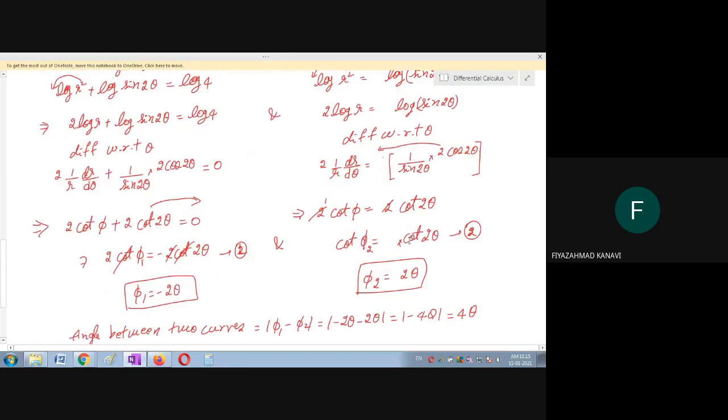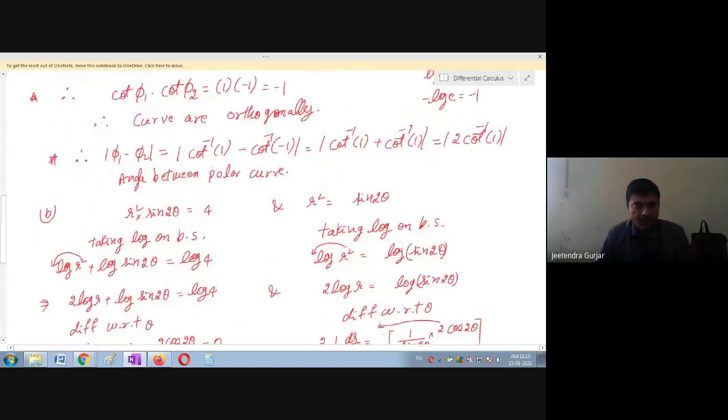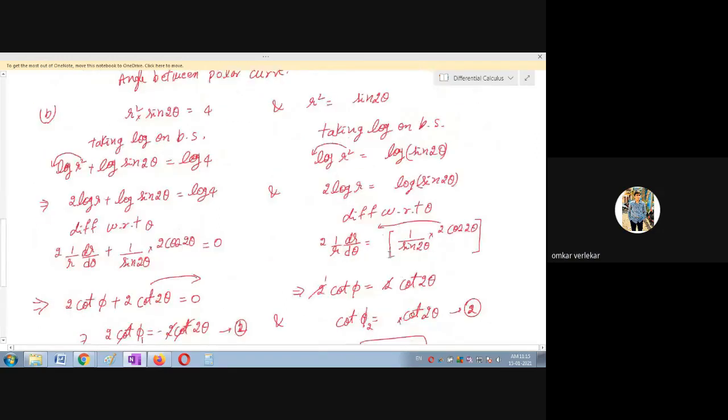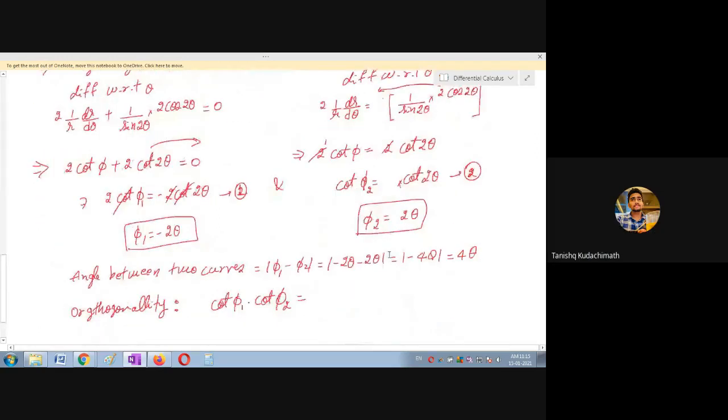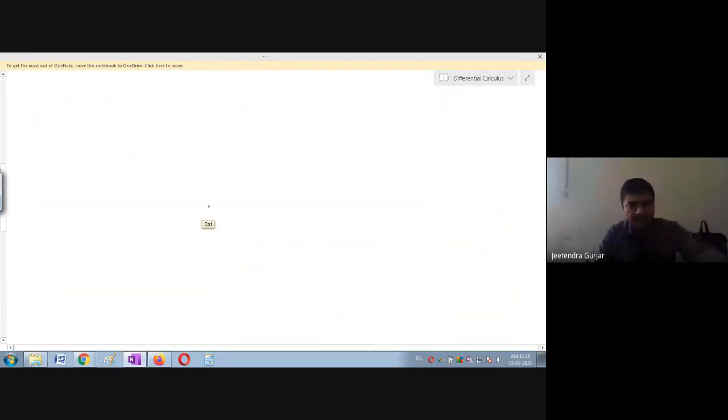No, 16 is cancelled. 16 must be cancelled, otherwise you will not get the answer. The question was wrong. Yes, r square is equal to sine 2 theta. We have removed this 16. Is it clear? If 16 comes, then you will not get the answer.